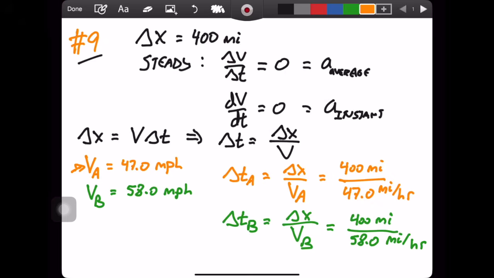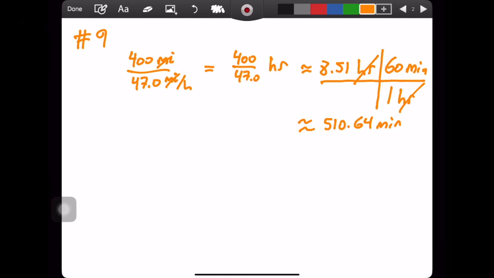Now let's go back and look at Beth. 400 miles divided by 58 miles per hour. Miles cancel.